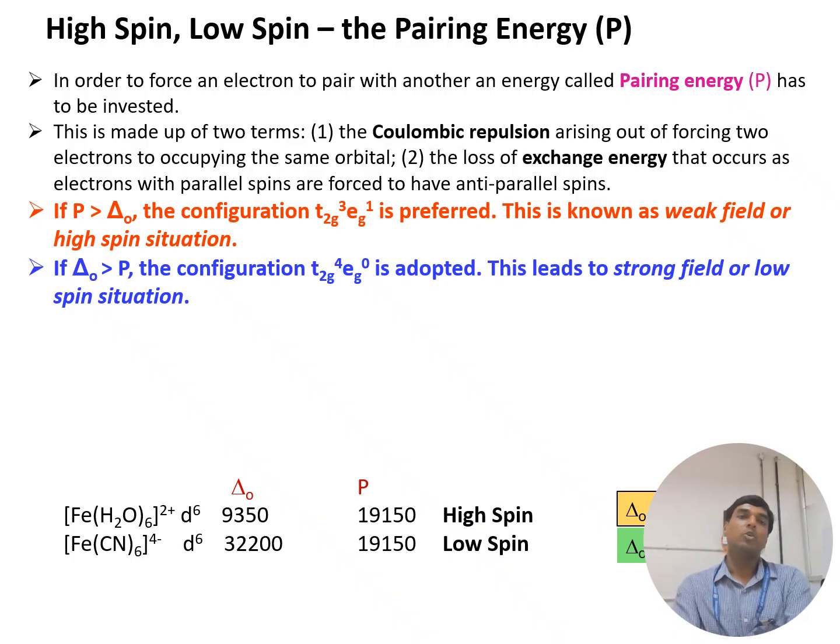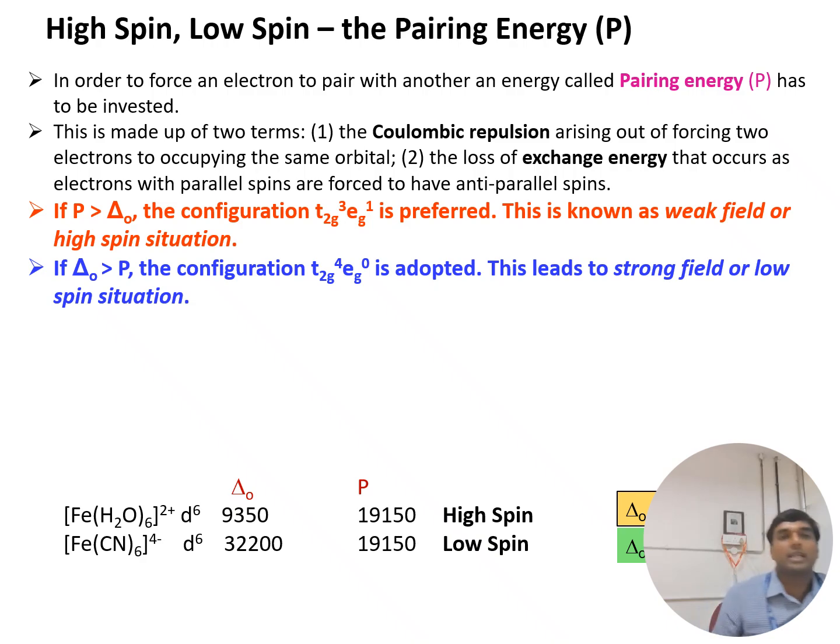So high spin, low spin and pairing energy: when pairing energy is greater than delta O, the configuration t2g3 eg1 is preferred, this is known as weak field. And when delta O is greater than P, that means it will have a strong field ligand.